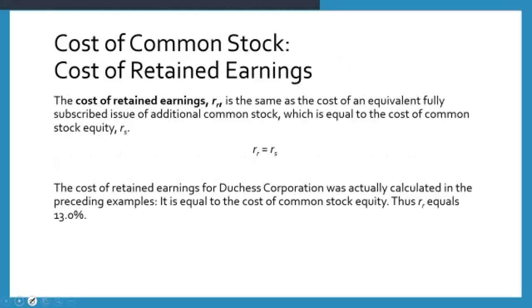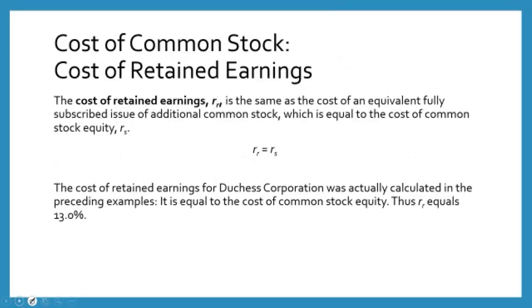The other source is the cost of retained earnings. It's the same as the cost of an equivalent fully subscribed issue of additional common stock, which is equal to the cost of common stock equity. So it's the same thing. If you have common stock equity that has not been issued, it will be equivalent.